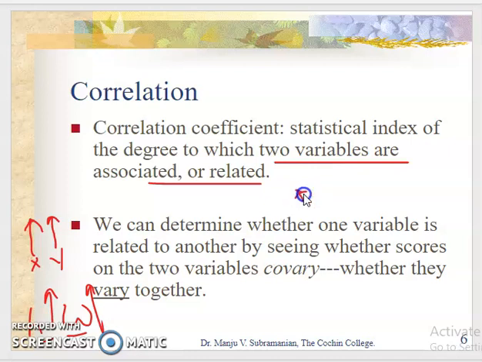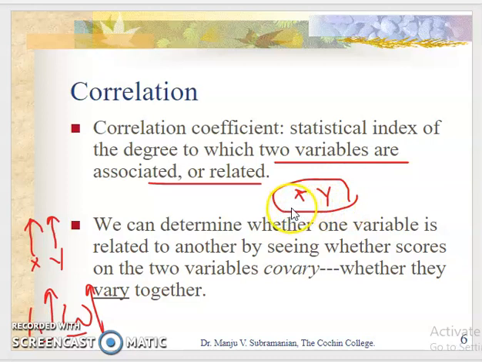We can name them x and y in simple terms, and x can be height or weight, length or breadth, etc. If these two variables are associated in some way, when one variable increases the other variable increases, or vice versa, then we say that these two variables are related, and we can determine this relationship between them.